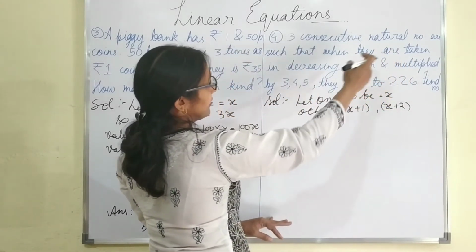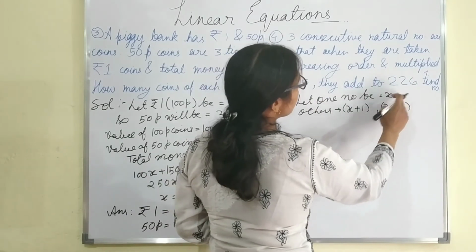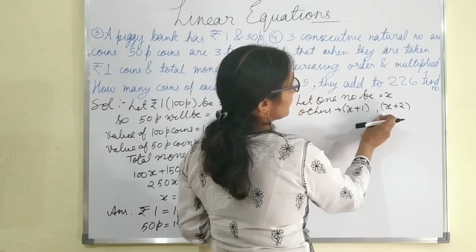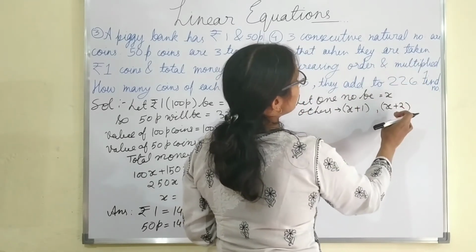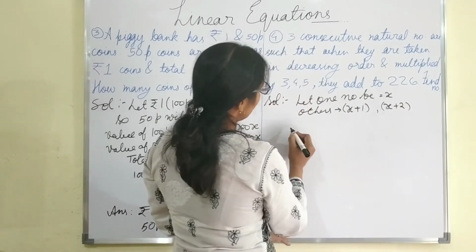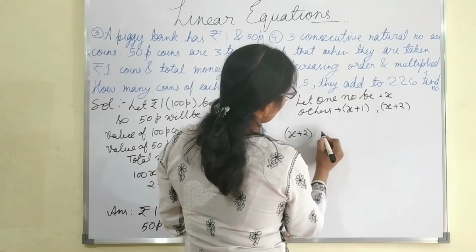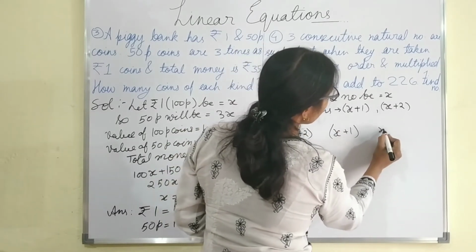It means x plus 2 is the greater number, and I have to take these numbers in decreasing order. So first we will take x plus 2, x plus 1 and then x.